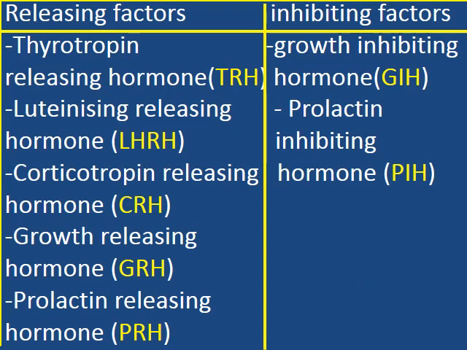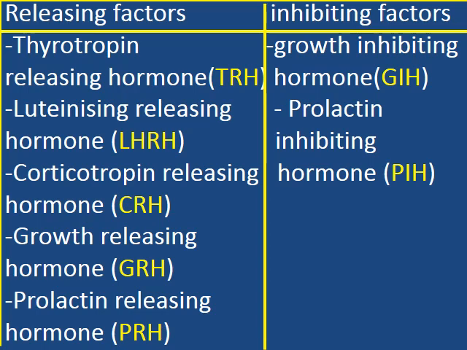The releasing factors are thyrotropin releasing hormone, luteinizing releasing hormone, corticotropin releasing hormone, growth hormone releasing hormone, and prolactin releasing hormone. Whereas inhibiting factors are growth hormone inhibiting hormone and prolactin inhibiting hormone.